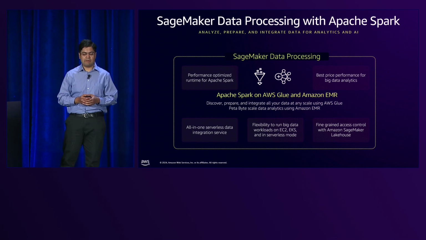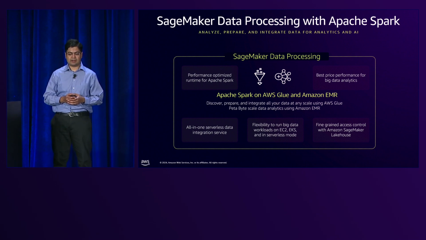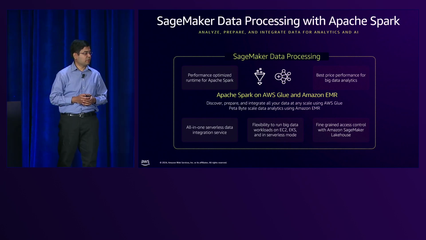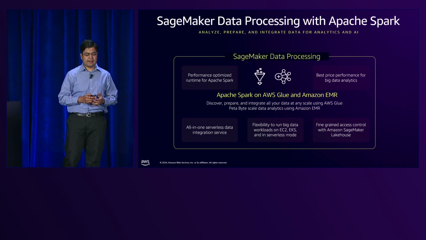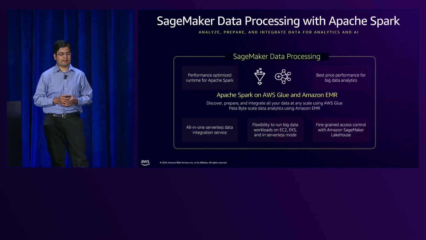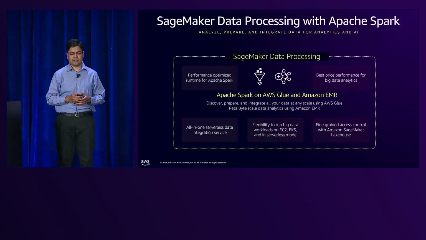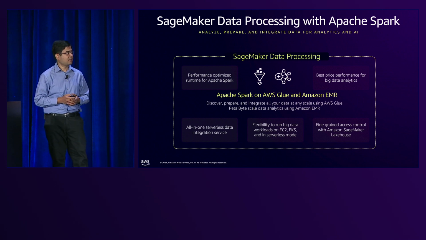Amazon EMR, powered by the same performance-optimized Spark runtime, allows customers to perform petabyte-scale data analytics. It also allows customers to run big data workloads on EC2, EKS, and in serverless mode. Customers can now benefit from fine-grained access control with Amazon SageMaker Lakehouse, all through SageMaker data processing.